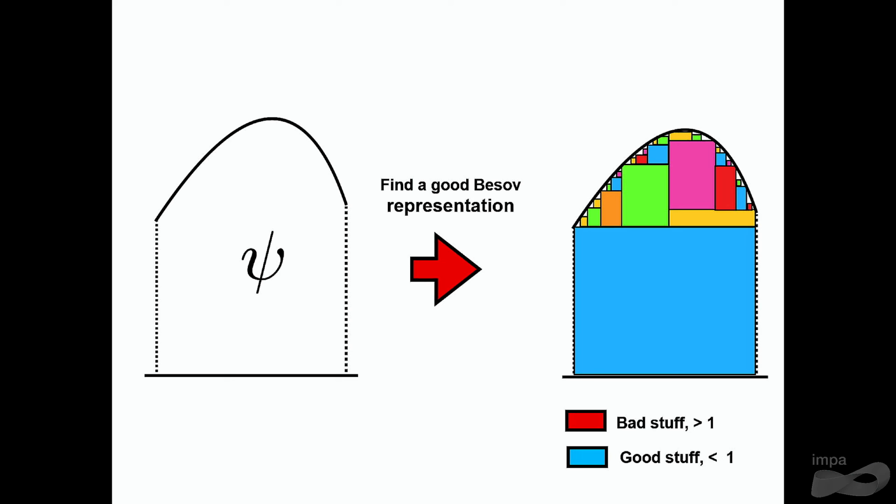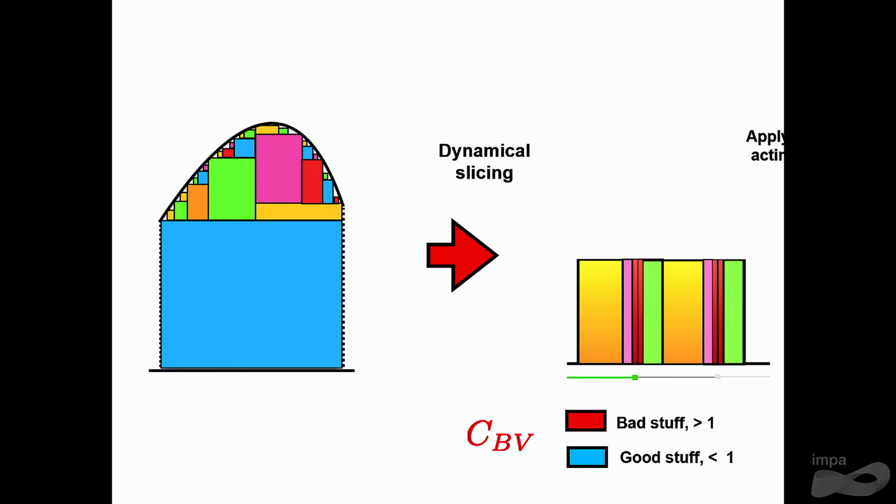So what you do is the following. You pick an arbitrary function, make an atomic representation as bricks. Okay? And you pick a good representation. Then you need to do the dynamical slicing. The dynamical slicing means that you are not picking the best representation for this function.